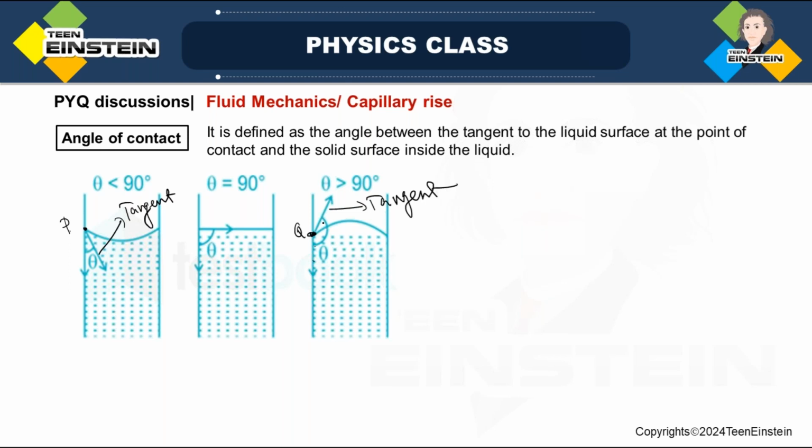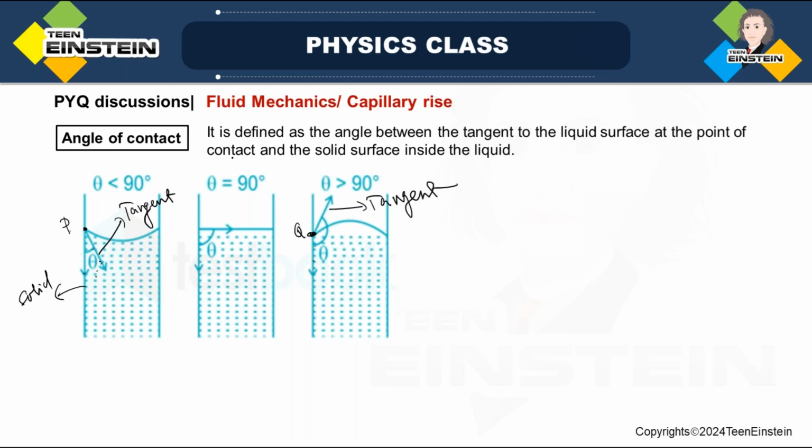This angle is called angle of contact. The tangent to the liquid surface at the point of contact and the solid surface inside the liquid make an angle theta. This angle theta is the angle of contact.